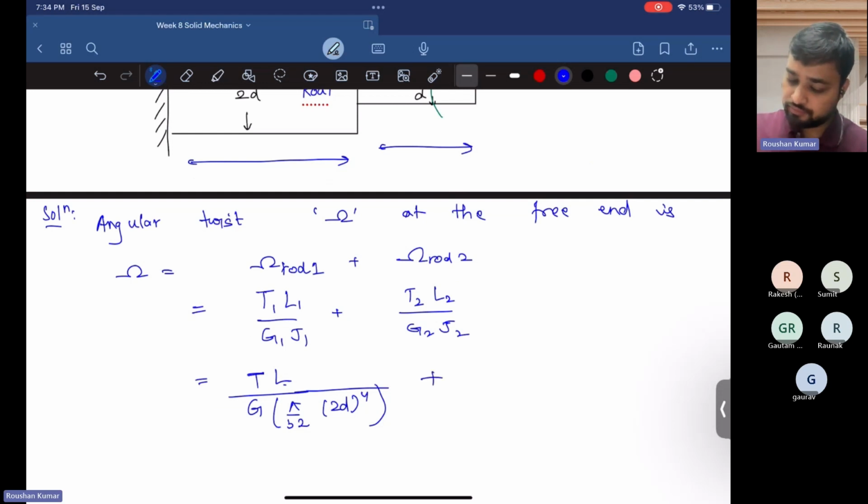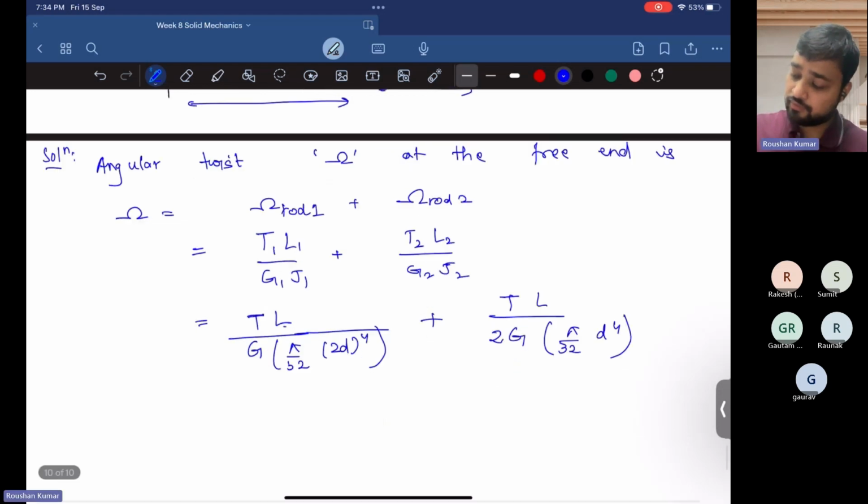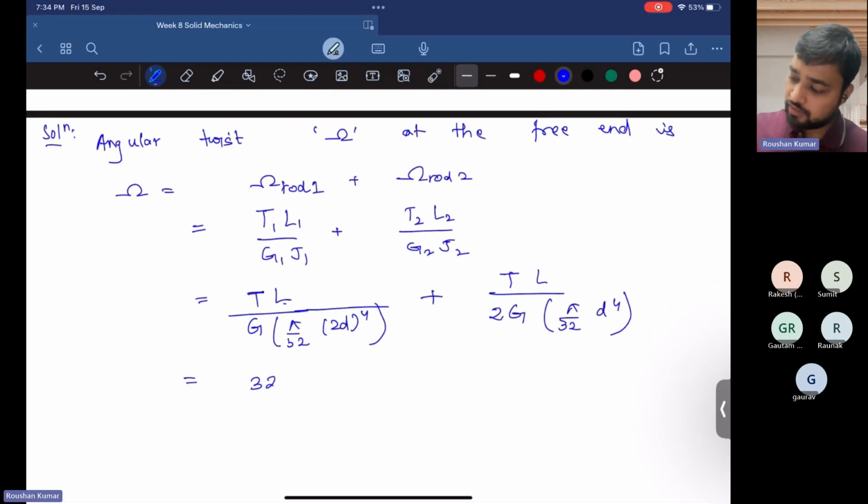Plus T2. T2 is T, L2 is L by 2, G2 is G, and J2 is pi by 32 d to the power 4. So 32 TL upon pi d to the power 4 is taken as common.